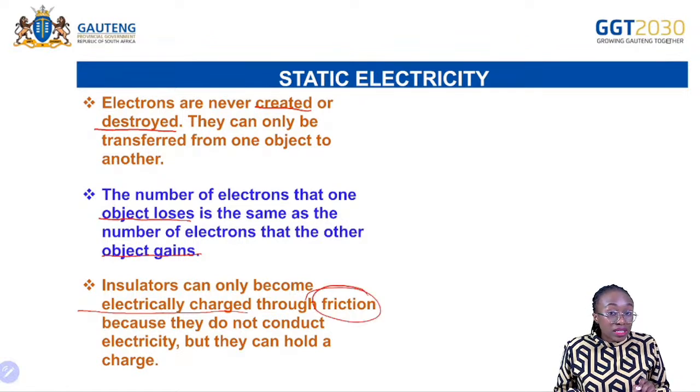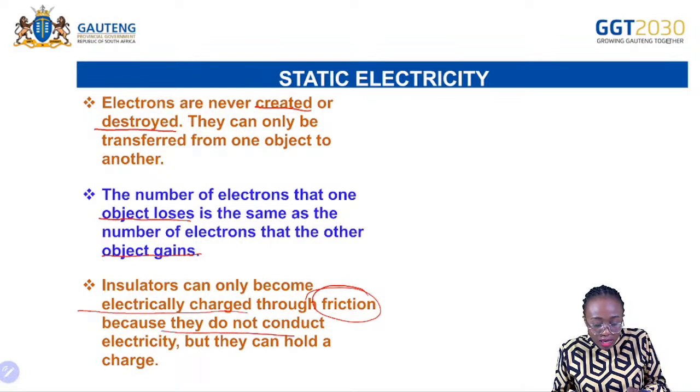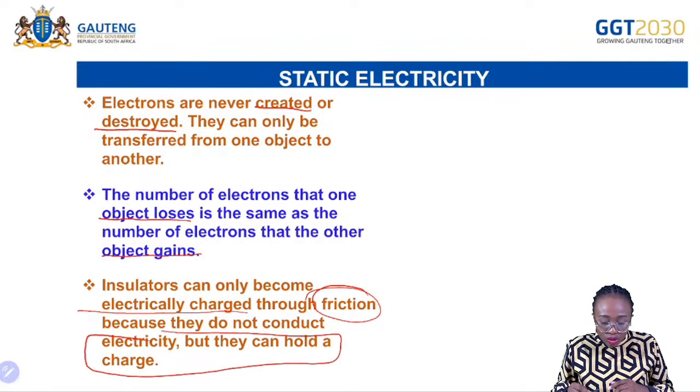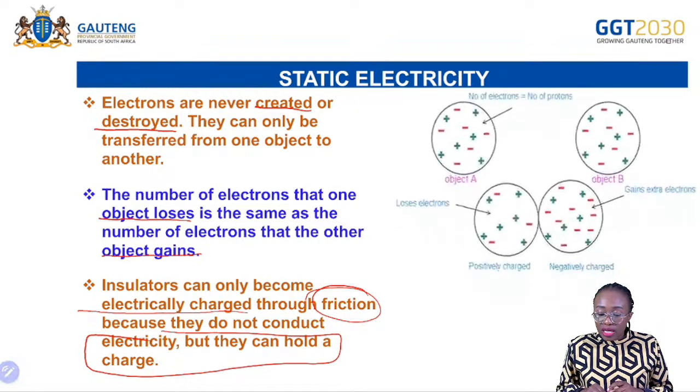What does conduct electricity mean? They don't allow electrical charges to flow through them, but they can hold a charge. So we say they can become electrically charged.